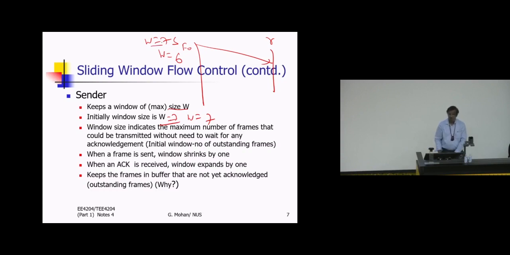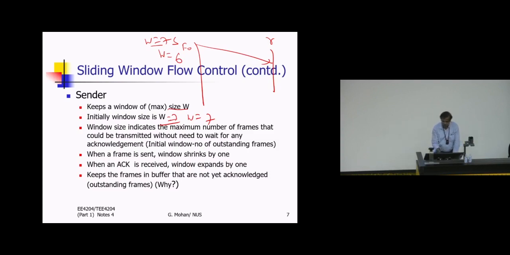Initially W equal to 7 means the sender is permitted to send up to 7 frames without waiting for an acknowledgement from the other side. Now it has sent 1 frame. The quota is reduced now. It has already sent 1, so it is permitted to send 6 more frames without waiting for an acknowledgement.